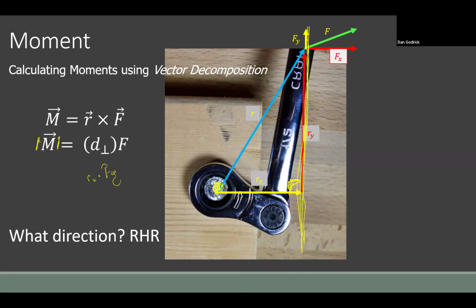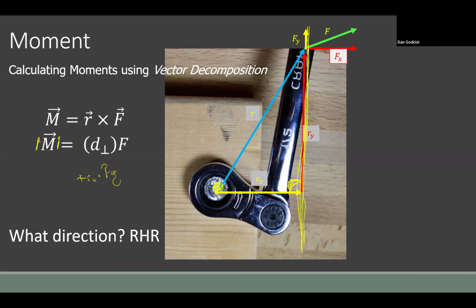So one of the things that I like to do is I like to say my arrow is my pointer finger. My pointer finger points in the direction of the arrow. I place my index finger on my right hand in the direction of the arrow, my palm facing that bolt, and I put my hand on that line, and I see that when I curl my fingers, my thumb is facing out. So that's positive.